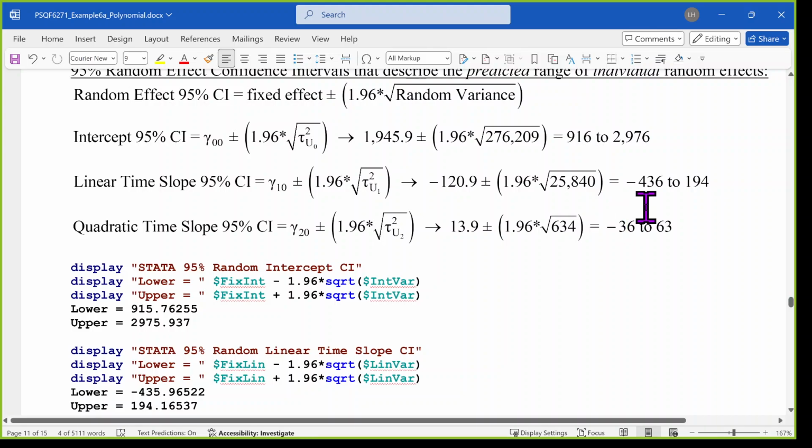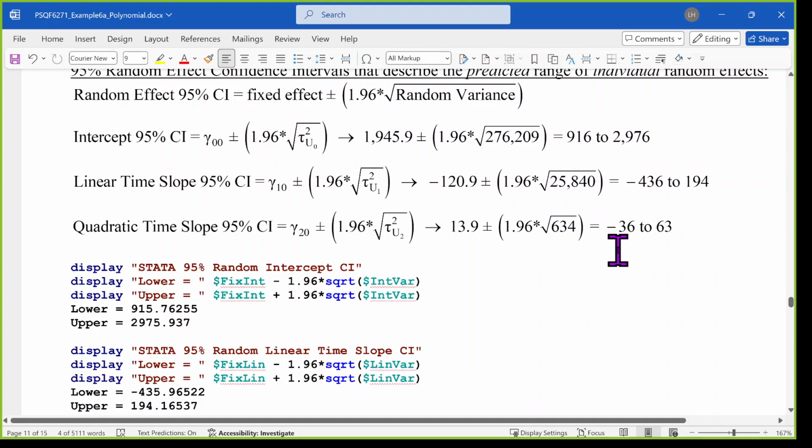The linear slopes ranged from negative 436 milliseconds per session up to 194. And that means that some people are improving, since this is response time and negative slope means improvement, but some people are actually getting worse. And if you look back at the original data, like the spaghetti plot, indeed, there are some people who are heading up to start with rather than heading down.